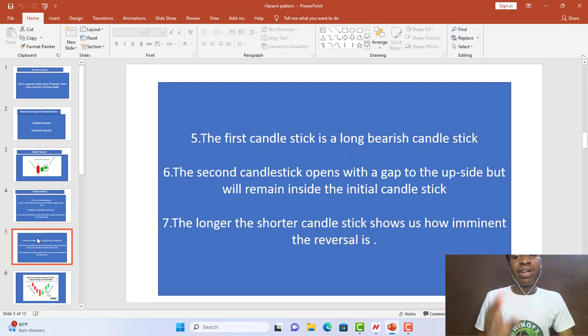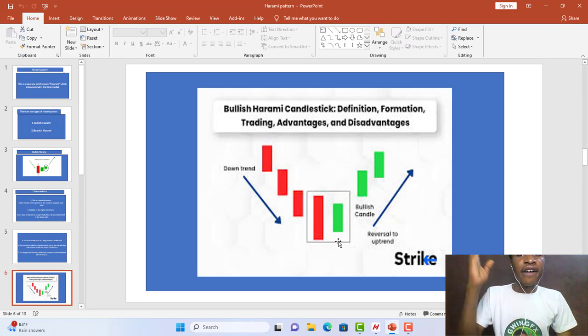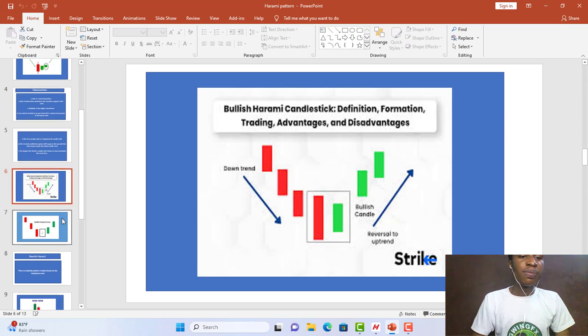And also remember, the higher the time frame, the better for it, right? So this is also a bullish harami, how it looks like. No matter how the previous candlestick closes, there must be a close to the upside. There must be a gap to the upside for you to call it a harami pattern. All these things must be in place.